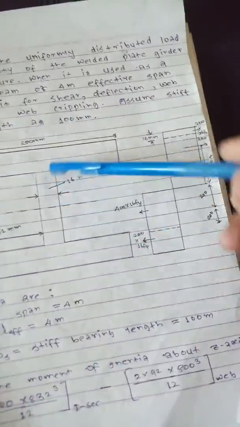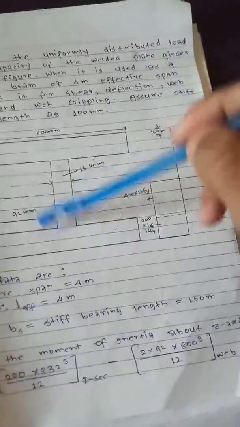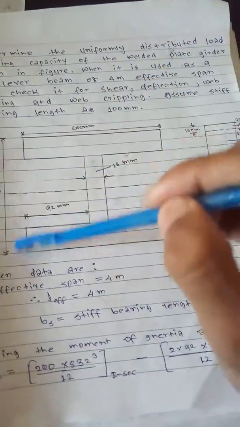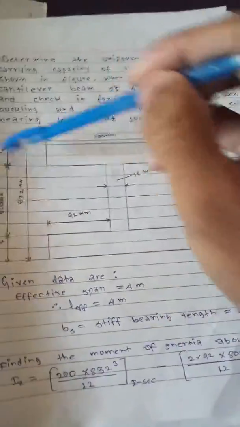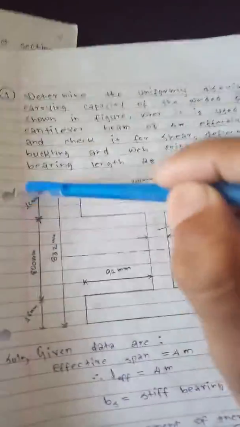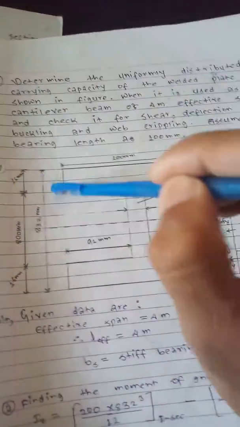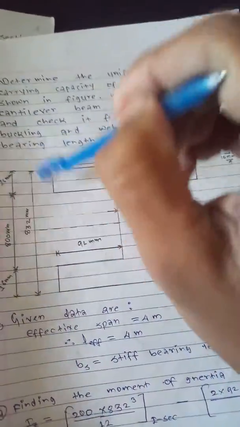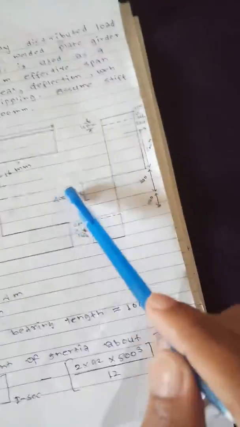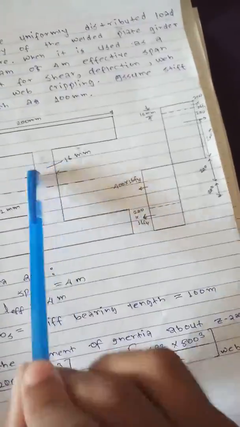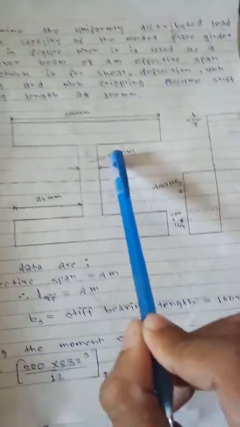From here to here only, this is 800 mm, and then from here to here it is 16 mm. Similarly, from here also 16 mm. This length is also 16 mm only.